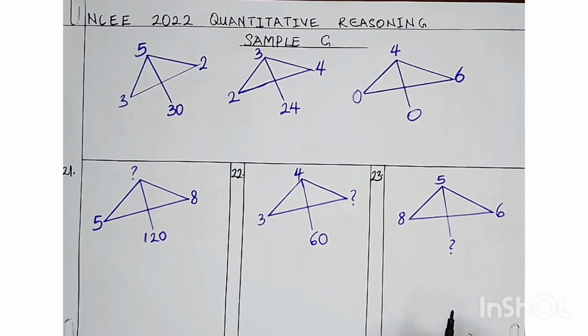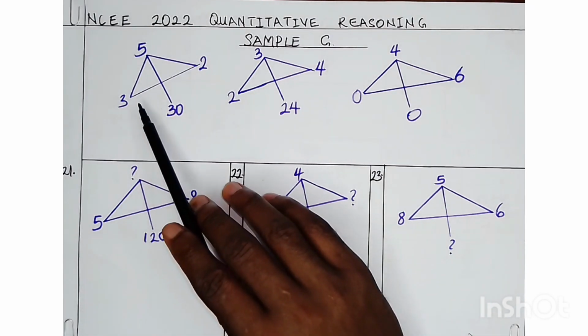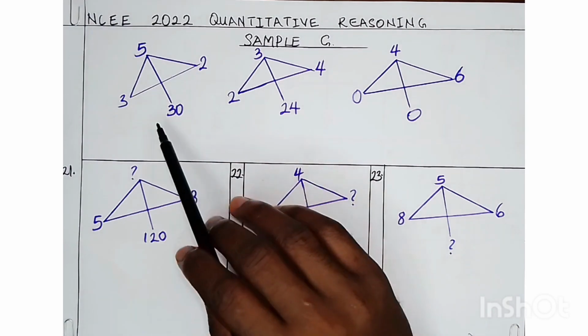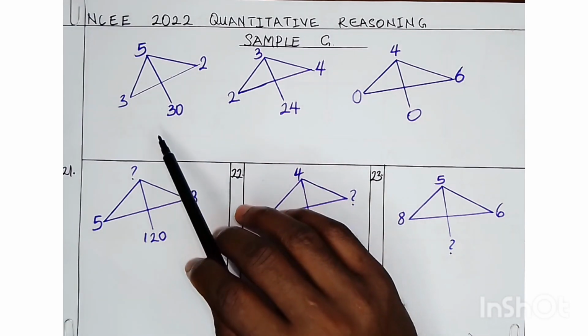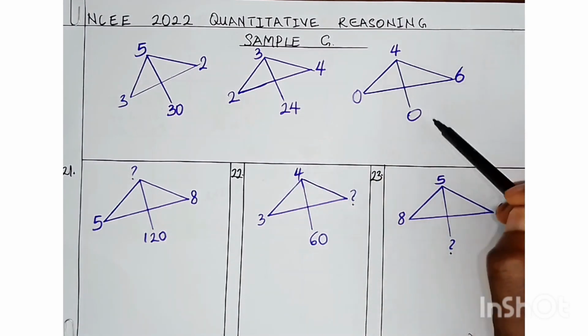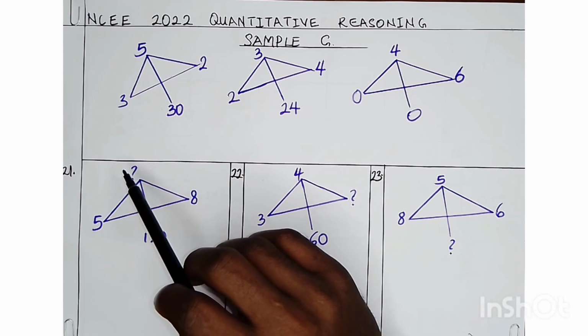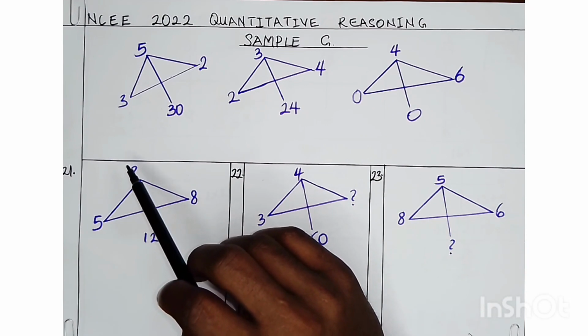This is sample G, right? We're still treating the 2022 past question. Sample G. So look at the shape we have here. We have a shape containing 4 different pots, like we've been having. So we need to study this shape very well.